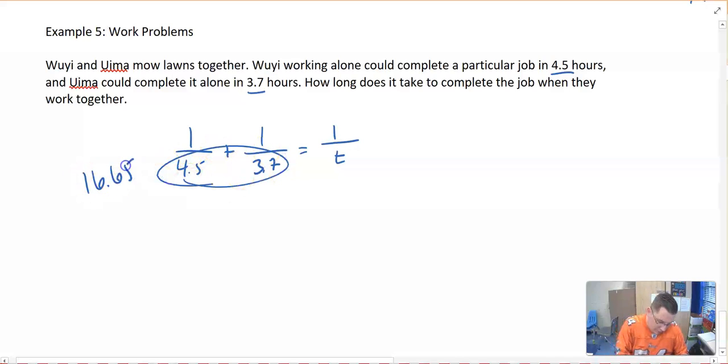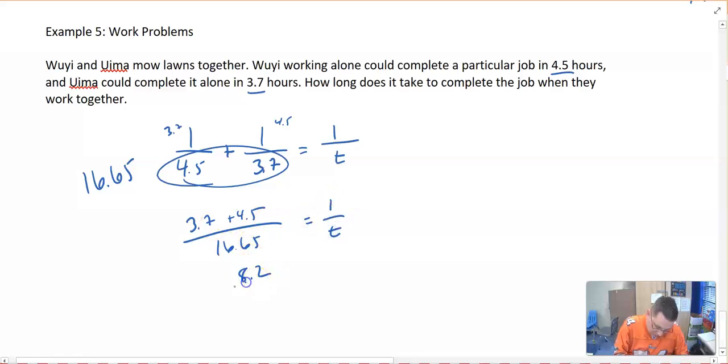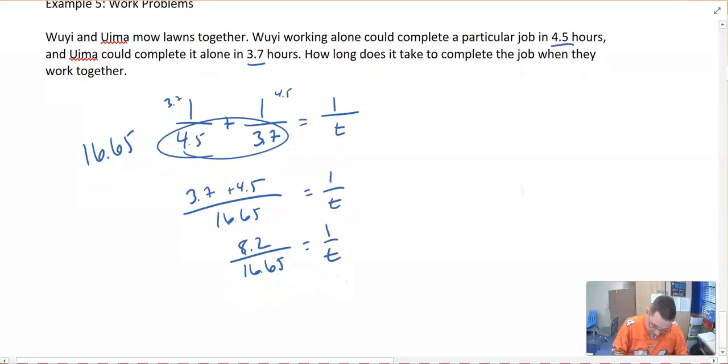You're going to get 16.65, and so you're going to get 3.7 plus 4.5, because multiplying the 3.7 here and the 4.5 here, over the 16.65 is equal to 1 over t. So this is 8.2 over 16.65 is equal to 1 over t.